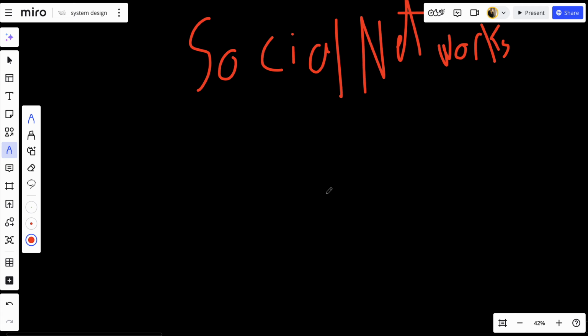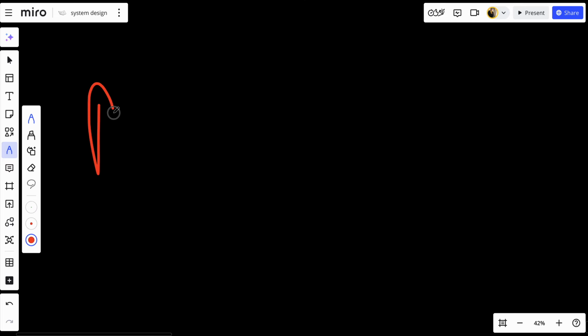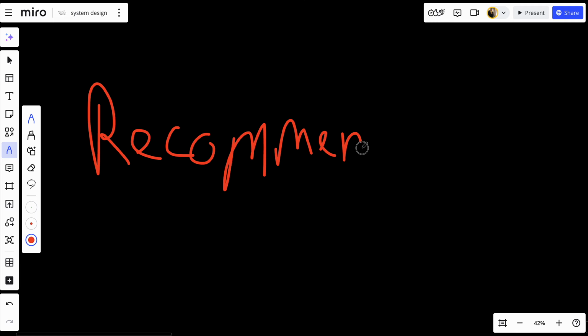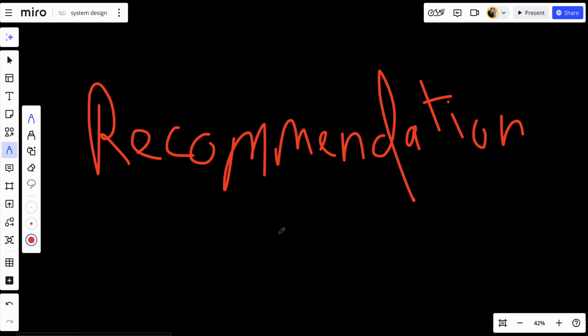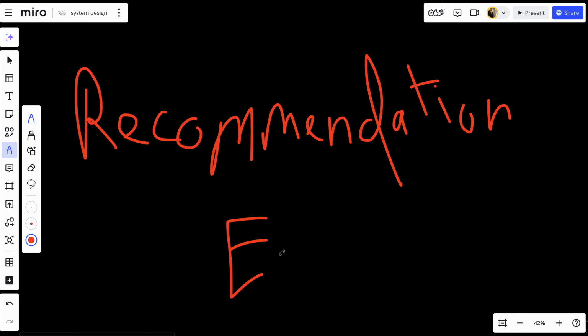The second one is recommendation engines. Graph databases are also widely used in recommendation engine systems.